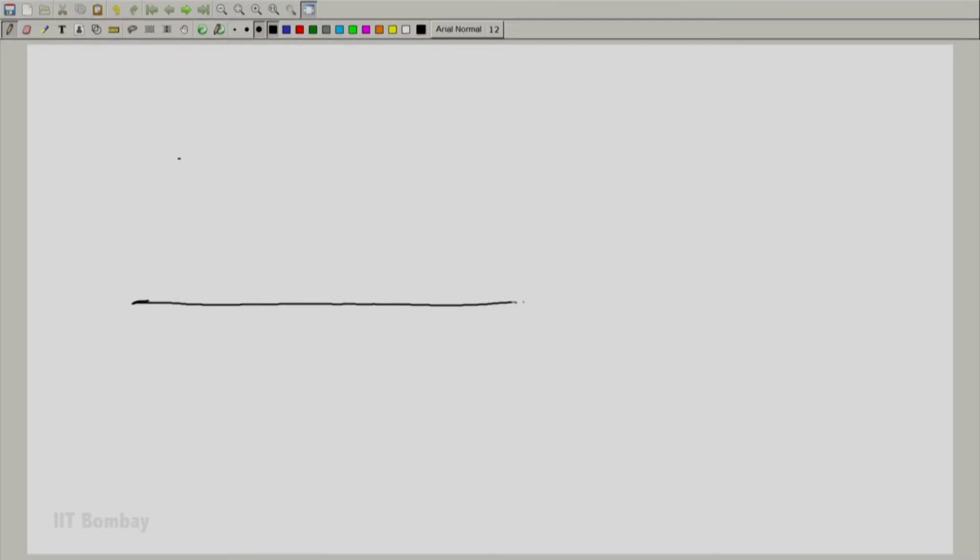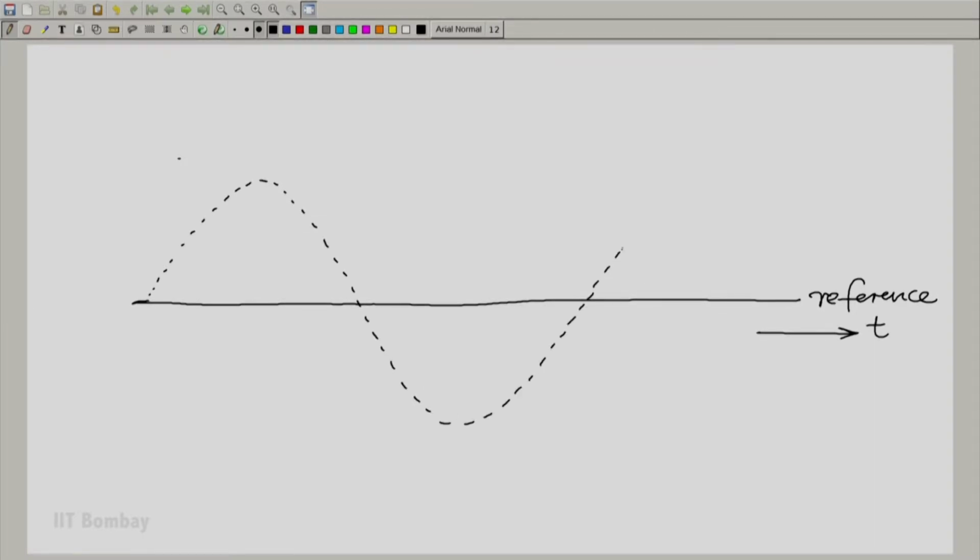Now let us put the problem before ourselves again. What we said is, you have this sinusoid. So this is the reference here and this is the time axis. By reference I mean where the amplitude is 0. Let us sketch a sinusoid, and of course let us assume that t equal to 0 point is here at pi by 4.